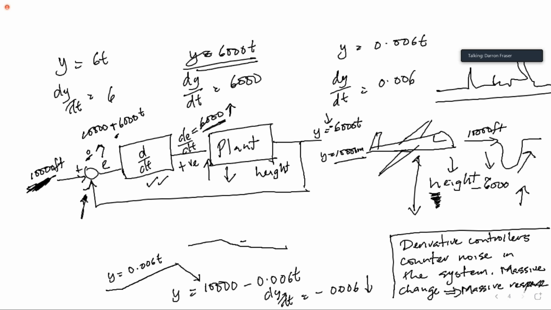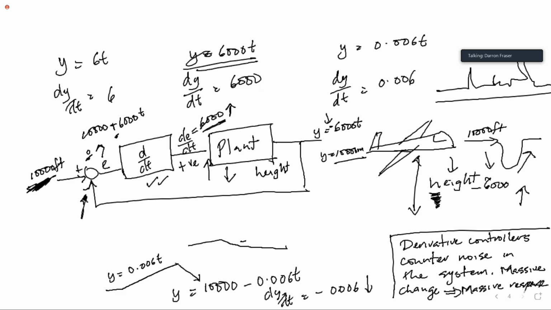The programming was supposed to say that when we started to descend at a particular rate, we're not landing, maybe we hit an air pocket.